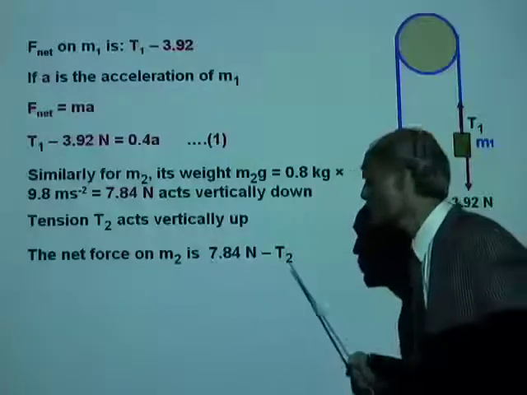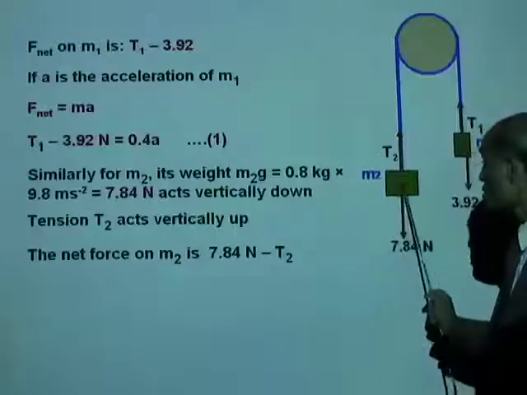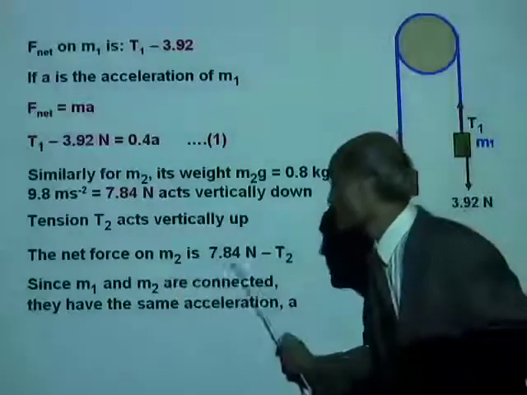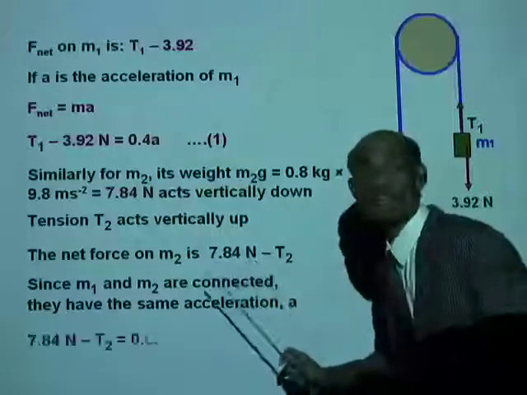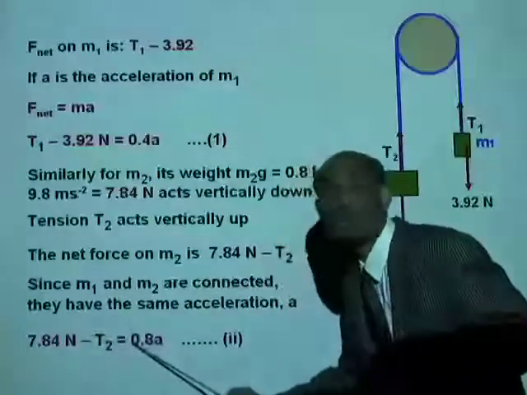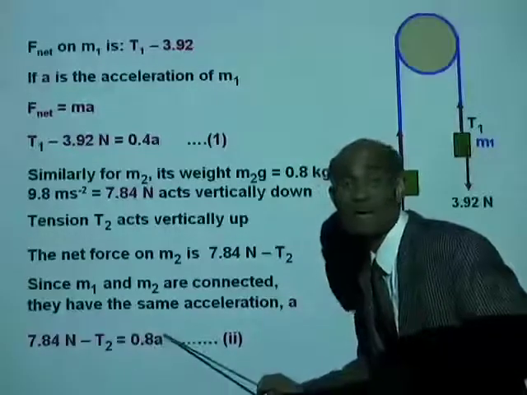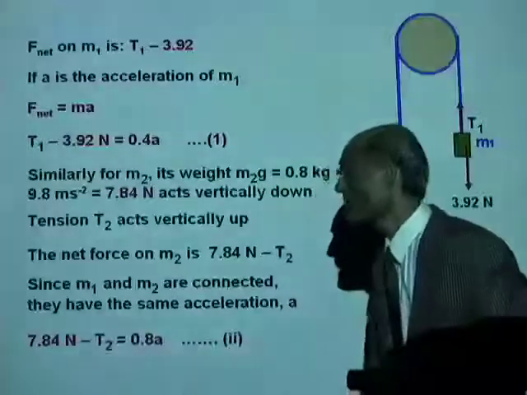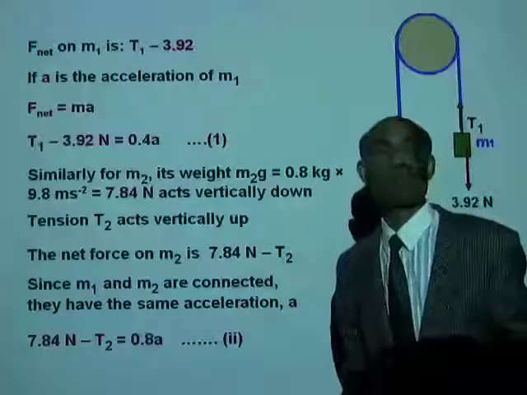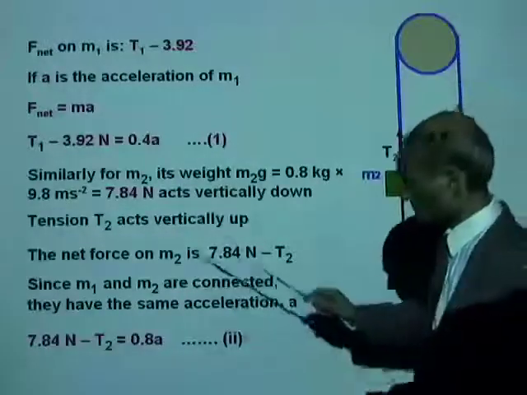And this net force produces an acceleration on M2 such that F net equal to MA. The net force equal to M2 times A, 7.84 Newton minus T2 equal to 0.8 A.